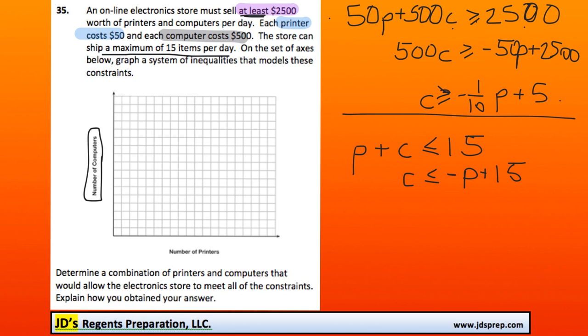Now it's handy to use your graphing calculator in this part of the problem. What you would do is write these in as equations: negative 1/10 x plus 5, and the other one, negative x plus 15. If you type those into your graphing calculator, that'll make the process of graphing faster.